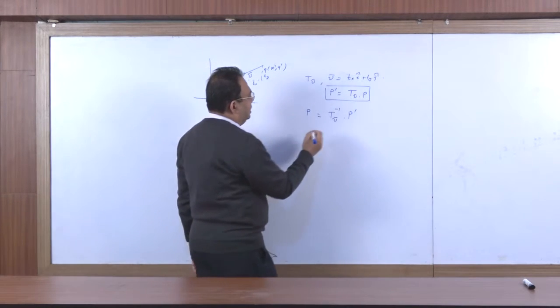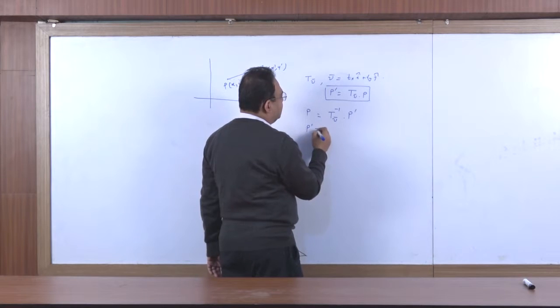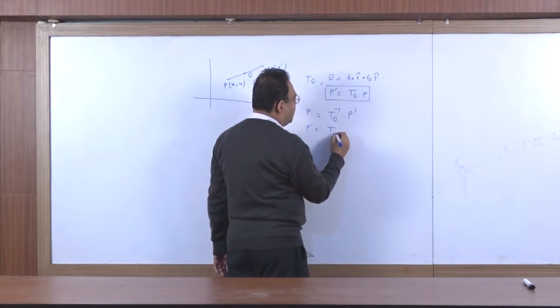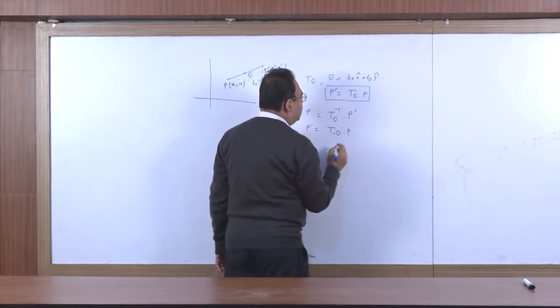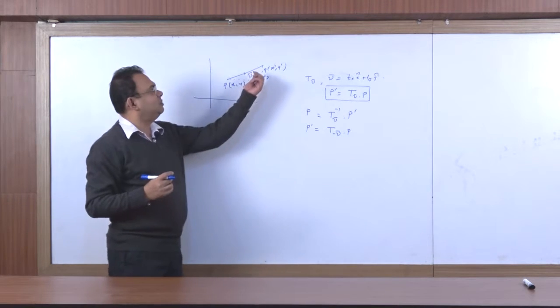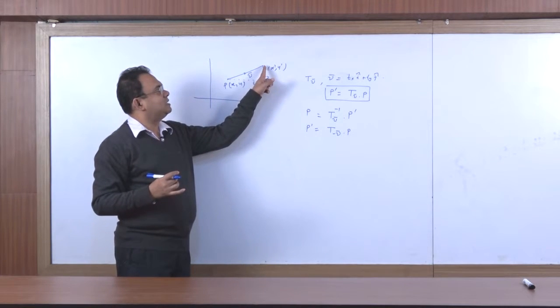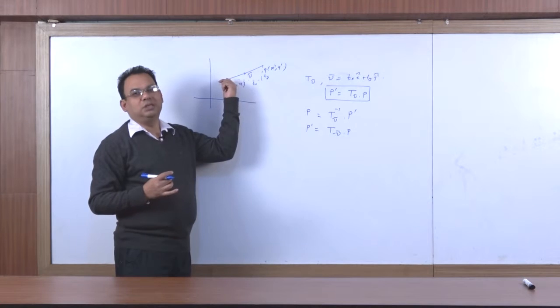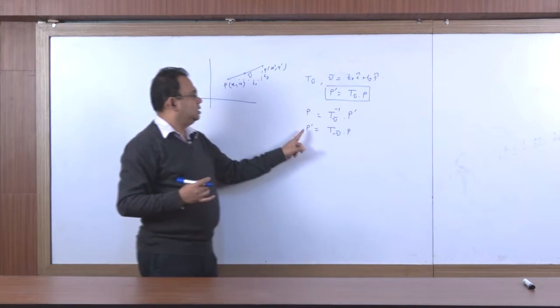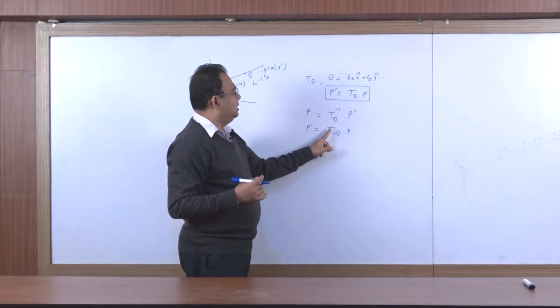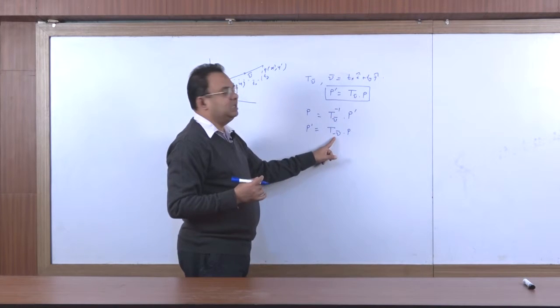So we can say P is nothing but T minus v operated on P dashed. So the inverse is nothing but translating P dashed opposite to v, that is T minus v. So we are saying that T v inverse is nothing but T minus v.